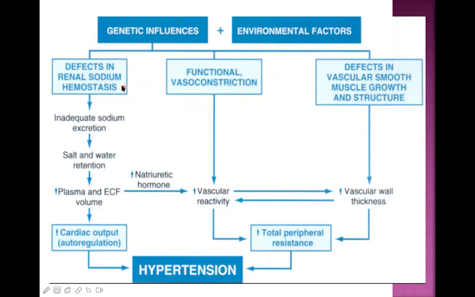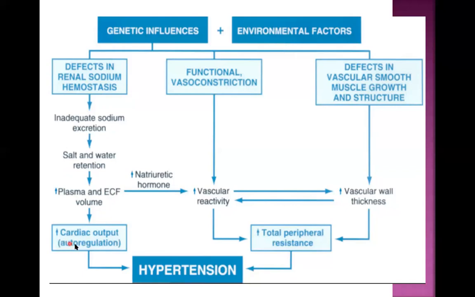Let's continue to analyze and reach the end point, then it will be very easy for you to understand. Because of the defect in renal sodium homeostasis, see what is happening. There is excessive salt and water retention and inadequate excretion of sodium. This will lead to excessive plasma volume. This is extracellular fluid volume, and plasma is one type of that, leading to increased cardiac output.